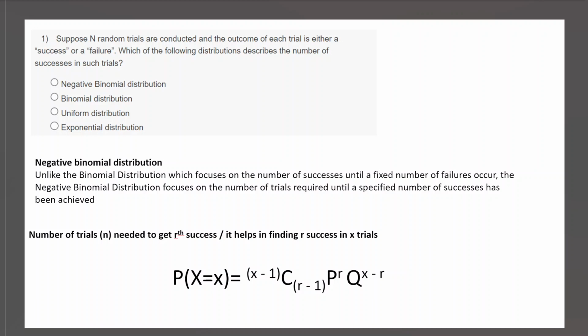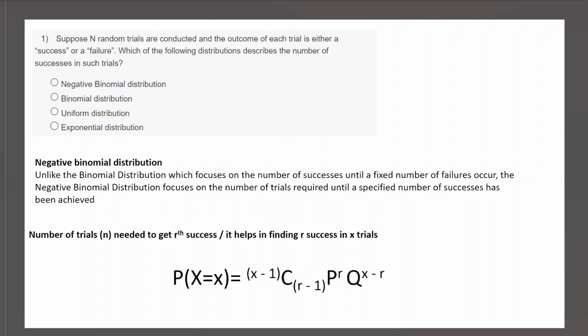In other words, we can put it this way: the number of trials n needed to get the rth success, like 10 trials required for the third success. Otherwise, we can say it helps in finding r successes in x trials.